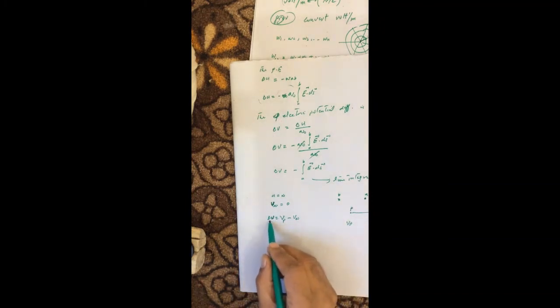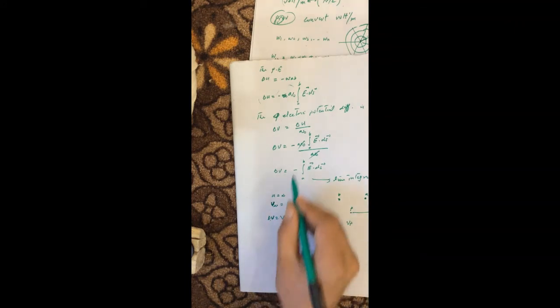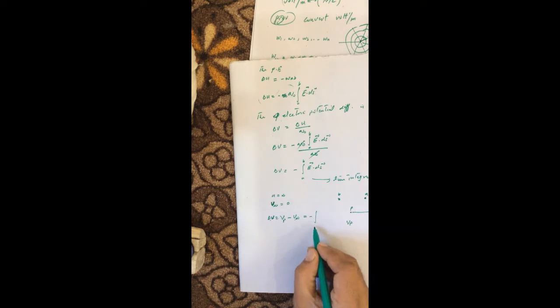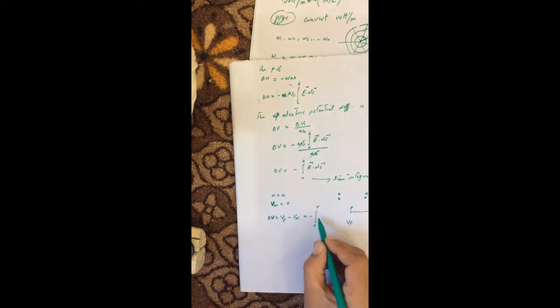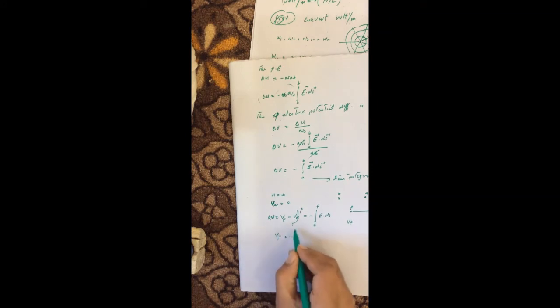So the change in potential delta V, which is Vp minus V infinity, is equal to minus integral from infinity to point P of E dot ds. Now V infinity is 0, so Vp is minus integral from infinity to P of E dot ds. This is the value of the electric potential at a particular point P when the field is not uniform.